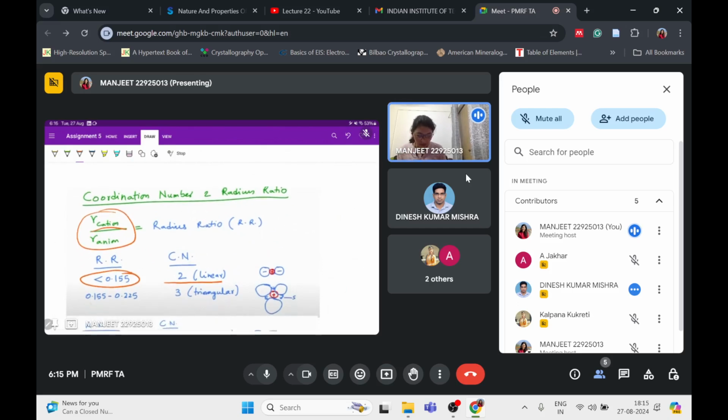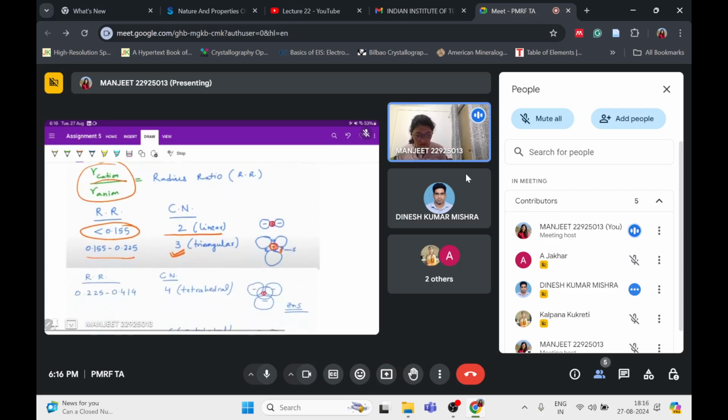If this lies between 0.115 and 0.225, then my coordination number will be 3, and the atoms will be positioned like this. This red is representing your cation and the 3 anions will be surrounded by this positive one, and as they are not touching, there is a small gap between them.